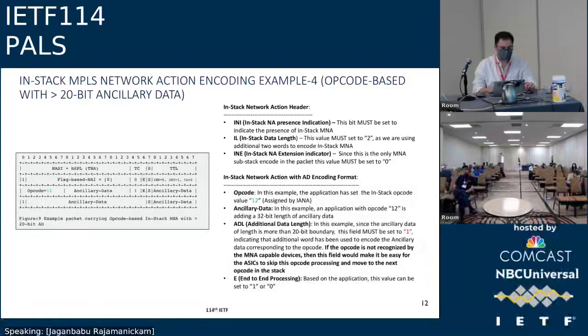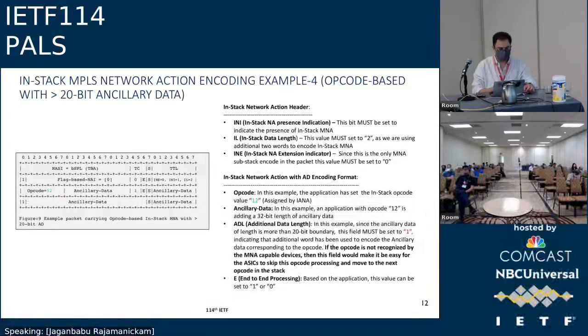Also, in some cases the mid nodes may not implement a specific opcode. If they don't implement those specific opcodes, then they can skip those opcodes and go to the next opcode, right? For that, this field could be very well used by the ASICs.